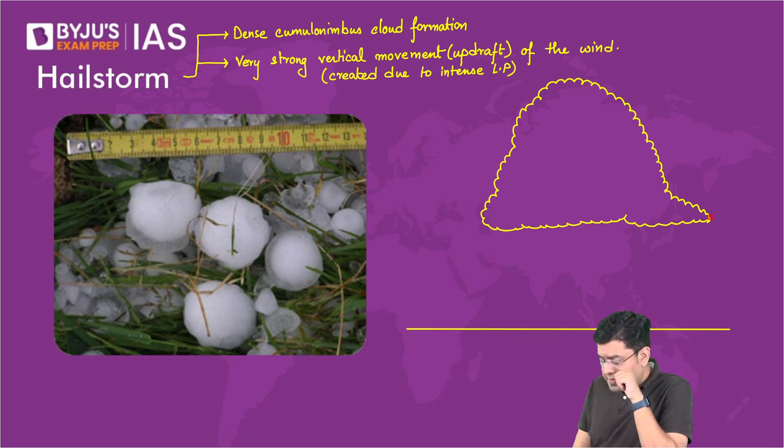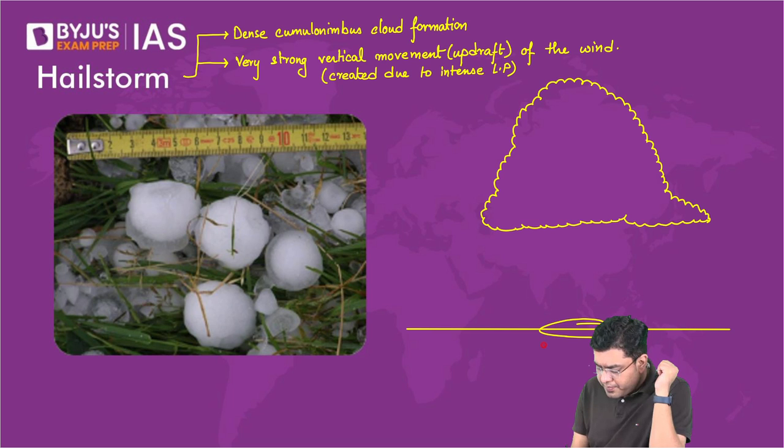Good. So here, when we talk about these cumulonimbus clouds, in these regions very intense low pressure is required. In the region of very intense low pressure, the air will move up, right?